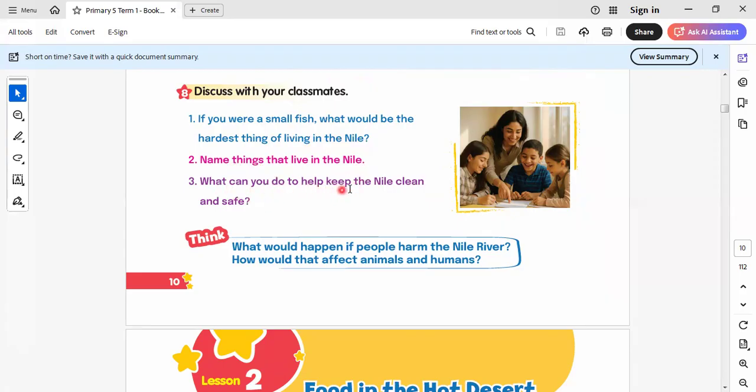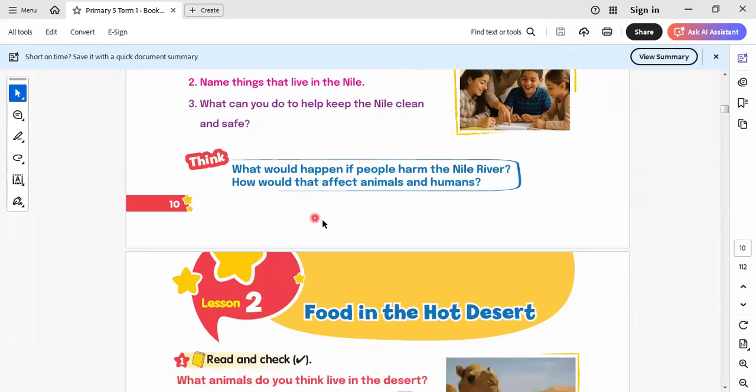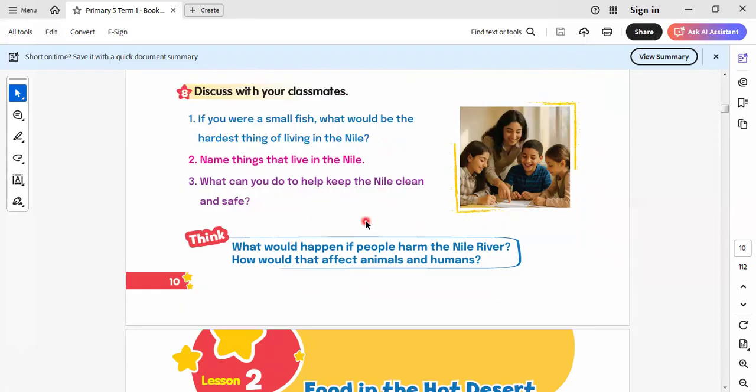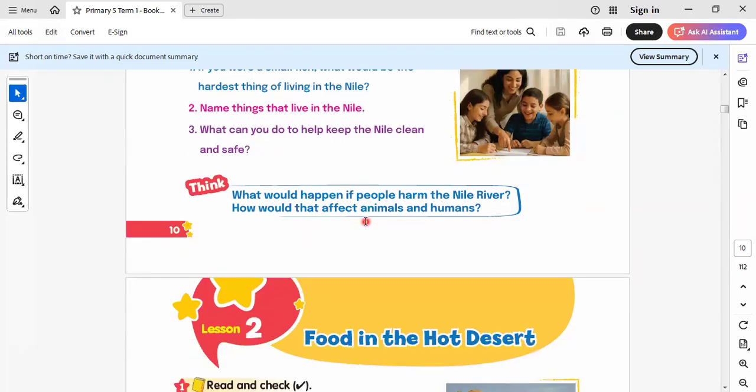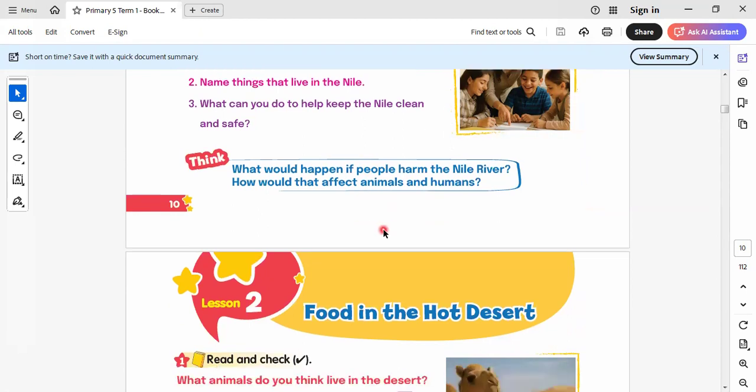What can we do to help keep the Nile clean and safe? By not throwing garbage in the Nile. I think so. This is something that we do to protect our Nile and keep it clean. And we must put an obligation on the factories not to throw their garbage in the Nile.